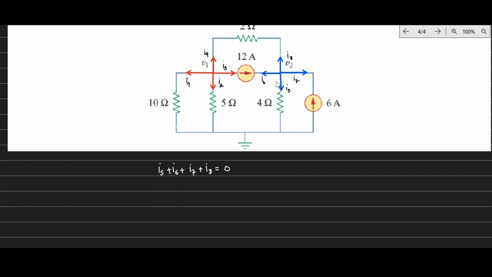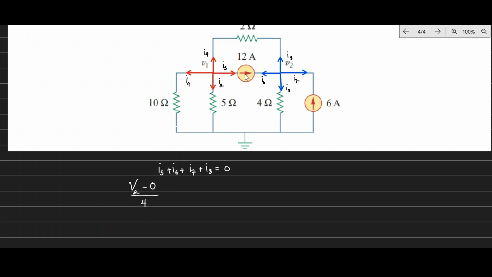I5. What is I5? So I5 is the current through the 4 ohm resistor. So this current comes from V2 to the ground, right? So I5 will be V2 minus the ground voltage, which is 0, and then divided by the resistor across it, which is 4. Plus, what is I6?